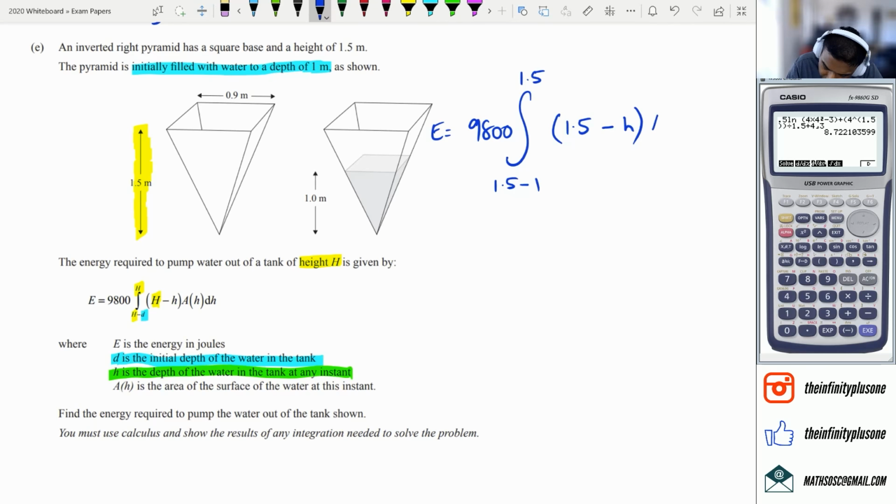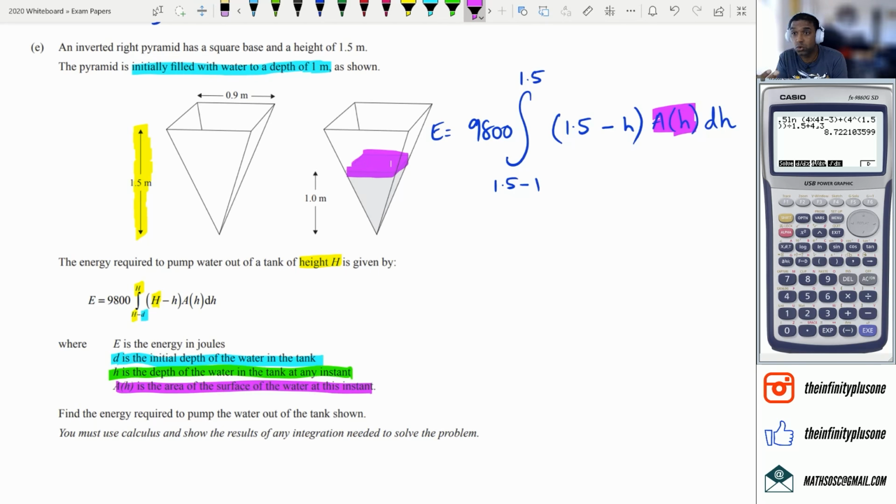Then what we have is this area of h and dh. So dh is fine because we know we're going to integrate with dh. We've got to figure out what that A of h is. A of h is the area of the surface of the water at this instant. So basically, we're looking for that surface.